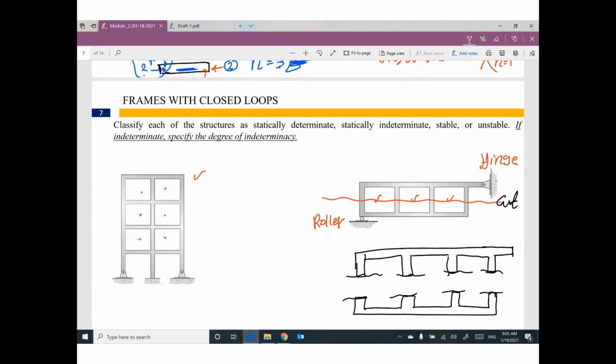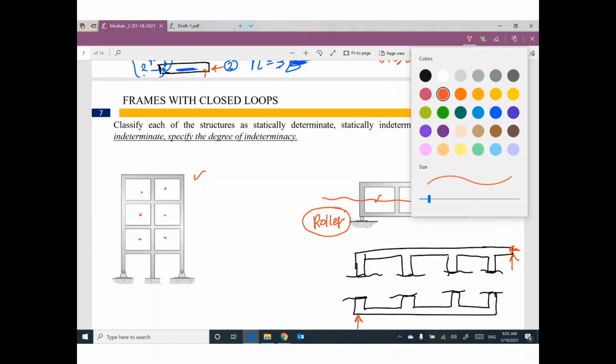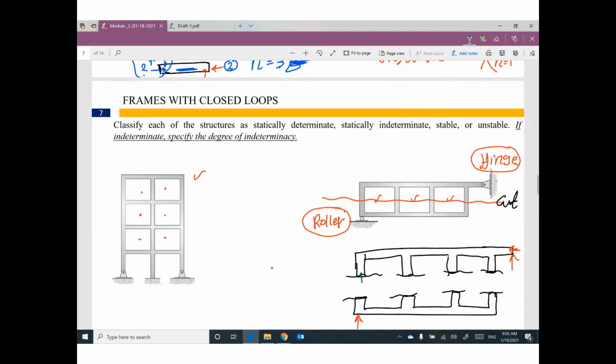Don't forget, we have 2 reactions here because it's a hinge. We have 1 reaction here because it's a roller. At this cut, we have 3, and they will be the same but in opposite direction.